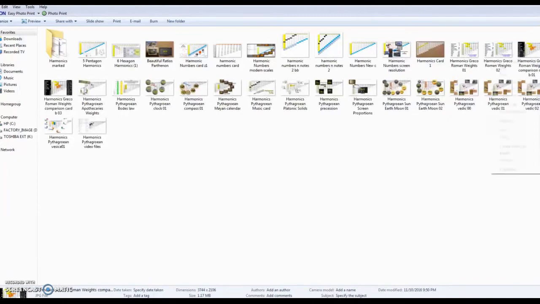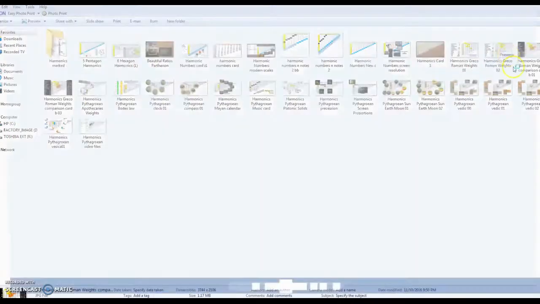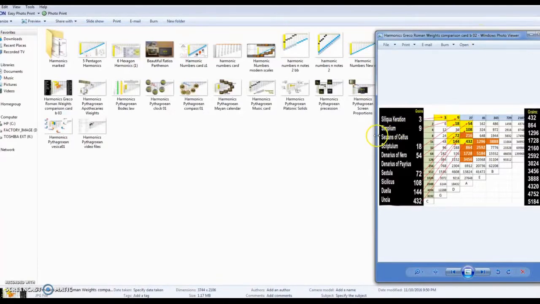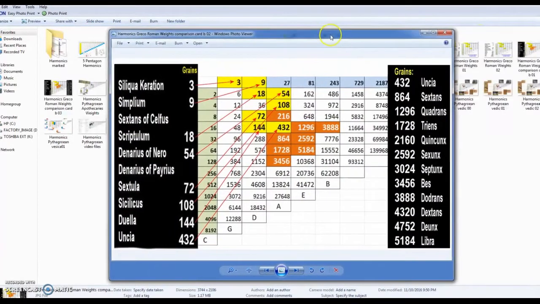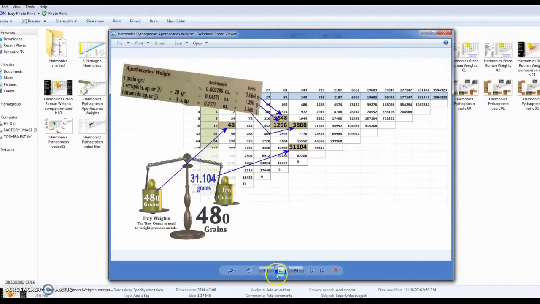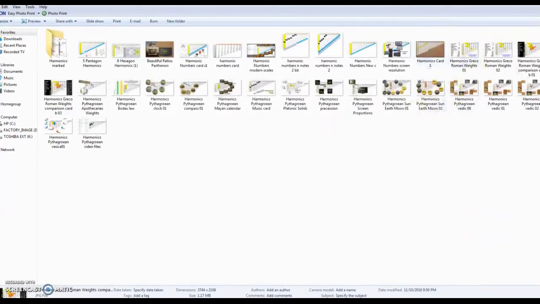Now that's just one example, and if you go to the Greco-Roman weight scales and how they compare in grains, now you'll notice these again. This chart is very important, these most harmonic numbers, and how well, you can't make it up. It's even how it converts in the metric system, but that's something else for the moment.